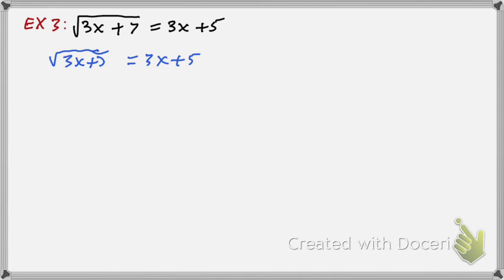Notice step 1 is already done for us. The radical's already isolated. So now we got to do what? Square both sides. We're squaring to undo that radical, the square root.